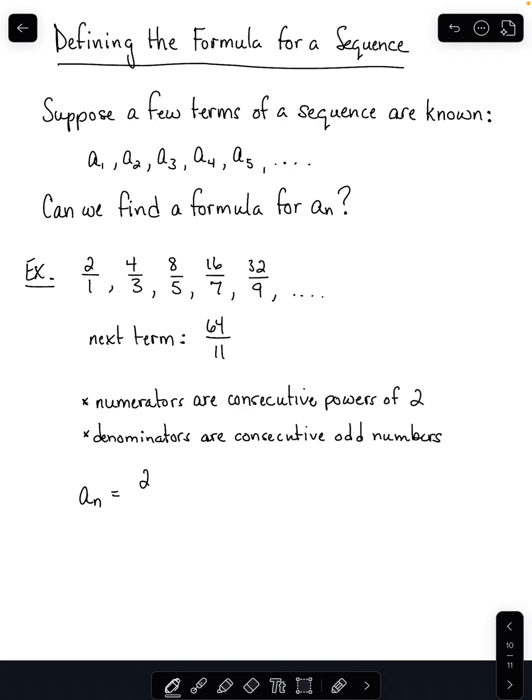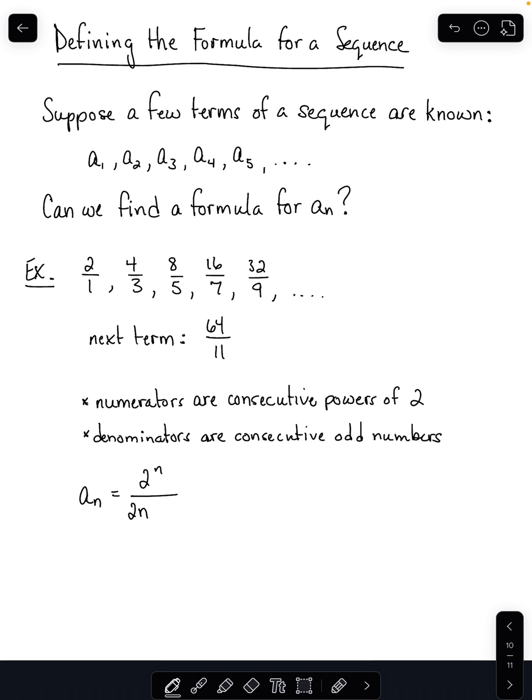The nth term of the sequence should simply be, in the numerator, the nth power of 2. The denominator might be slightly trickier to define, but the fact that it counts up by 2's, from 1 to 3 to 5 to 7 to 9, and then to 11, that's a linear pattern. It's always going up by the same amount, so it would have to be going up by a slope of 2.